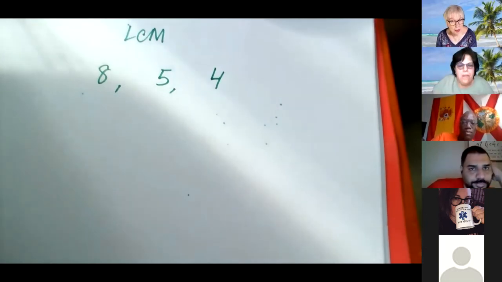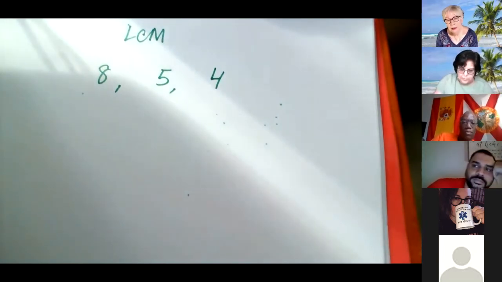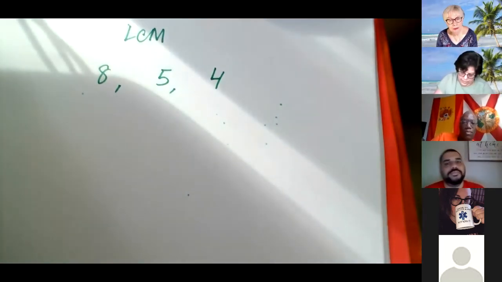So these are all denominators, but I'm not even going to make the fraction. Okay, so now what? How are you going to do it? Did you like multiples? Multiplying? No. 8 and 4.